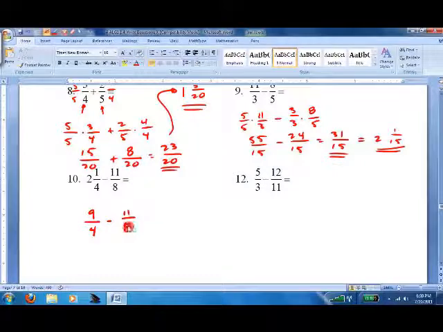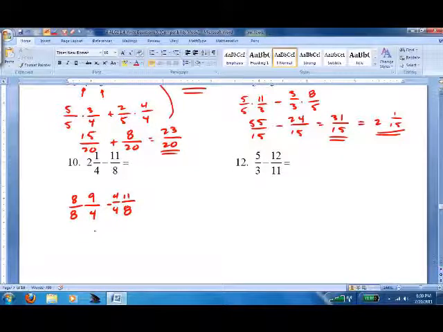Now this one we can actually cheat a little bit. Since 4 goes into 8, we could just do that, but I'm not going to. I'm just going to multiply by 4 over 4 on this side and 8 over 8 on this side, and it works every time, and I don't have to think too much about it. 72 over 32 minus 44 over 32 equals 28 over 32.